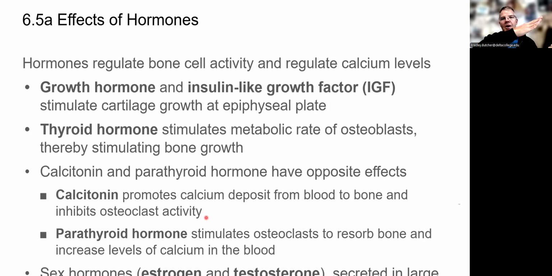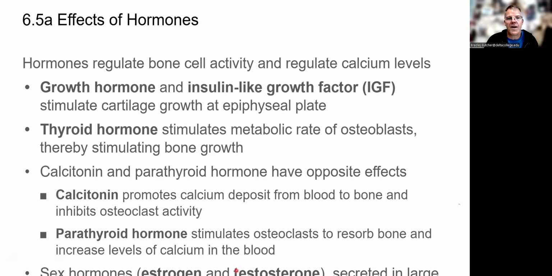It'll slow down the breakdown of bone, and it'll build more calcium deposits in our bone. If we do not have enough calcium in our bloodstream, then parathyroid hormone is going to stimulate those osteoclasts to start breaking down bone and releasing that calcium back into the bloodstream. Thereby, they maintain homeostasis in that way.